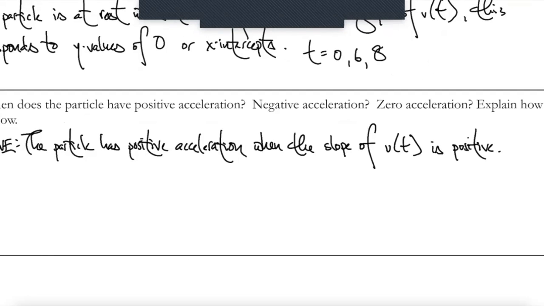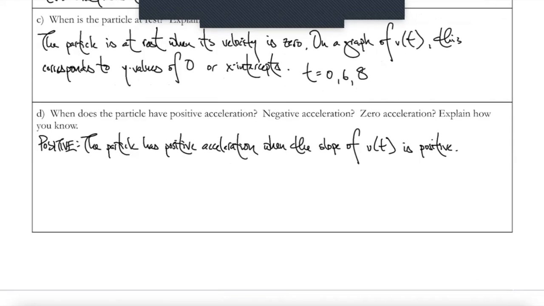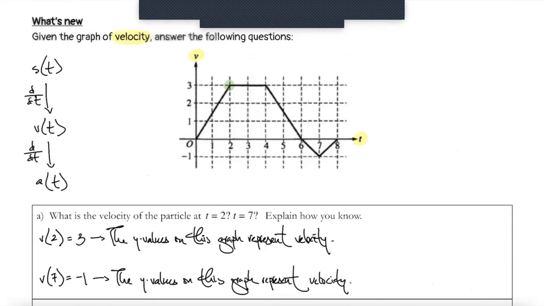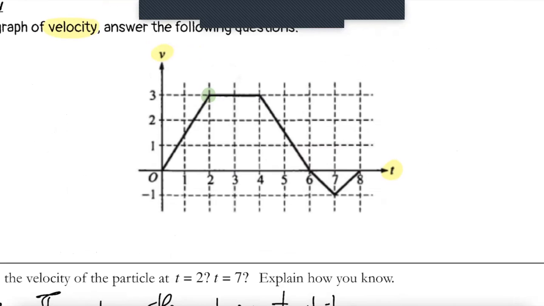All right. So when the slope of velocity is positive. So let's go back to our graph. We're going to practice our interval notation here. Okay. Using interval notation, where is the slope positive on this graph?